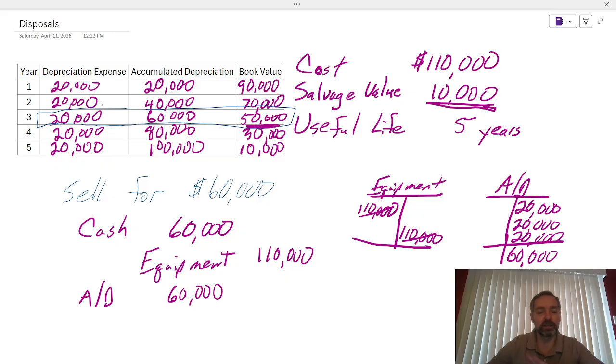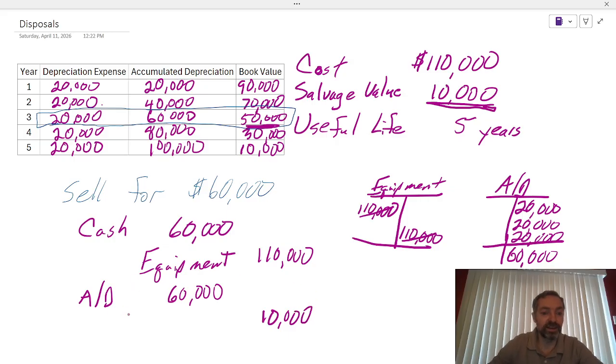All right, so let's take a look at what we have in our journal entry right now. It doesn't balance. We have $120,000 in debits and only $110,000 in credits, which means we need another $10,000 in credits.